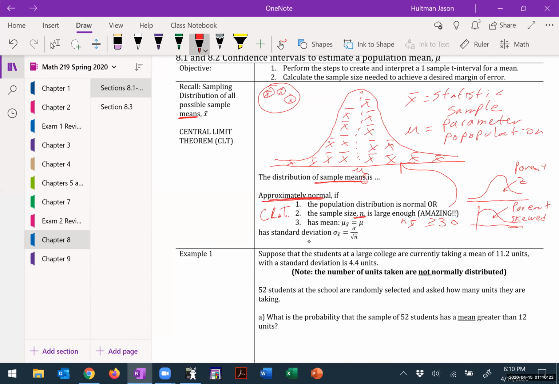This normal distribution has a mean of the population mu, which we've seen before, and a standard deviation of the population sigma over the square root of n. That's the standard deviation for the sample means.